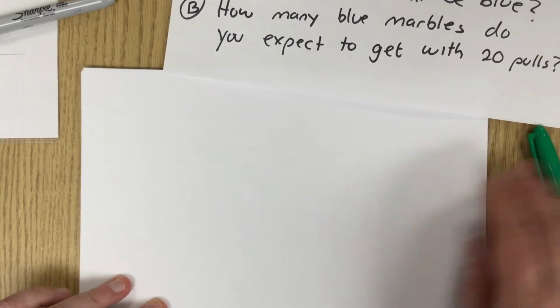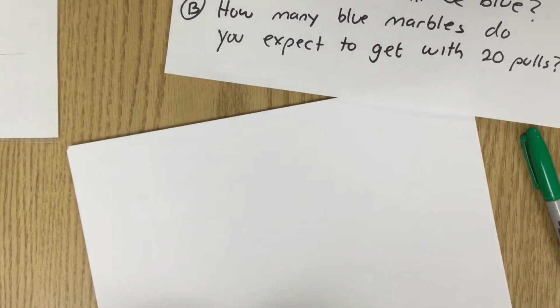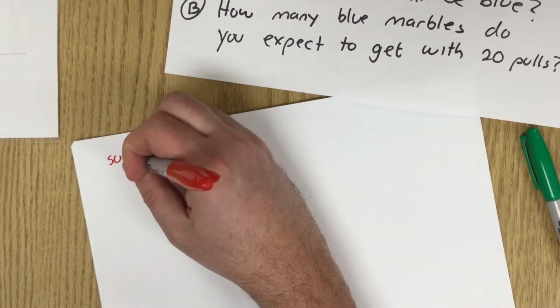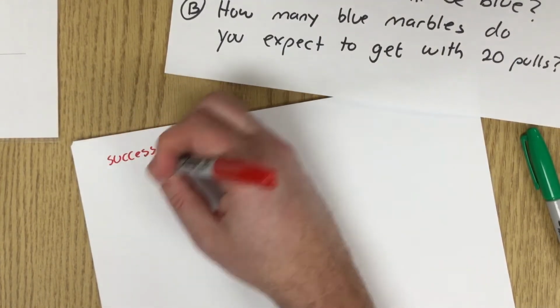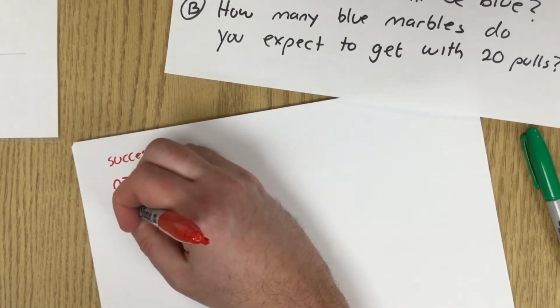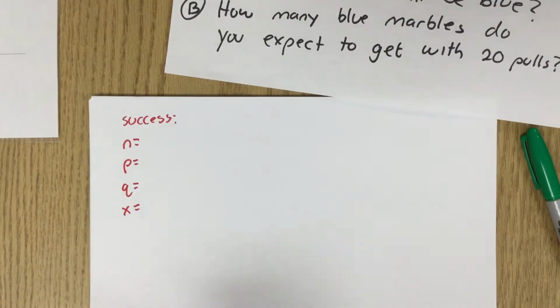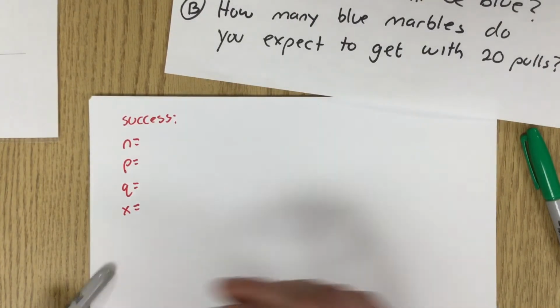Okay, let's do B. How many blue marbles do you expect to get? So this one's a little bit different. So I'll kind of set it up. We have our success and our N, P, Q, and the X. So we're doing part B now.